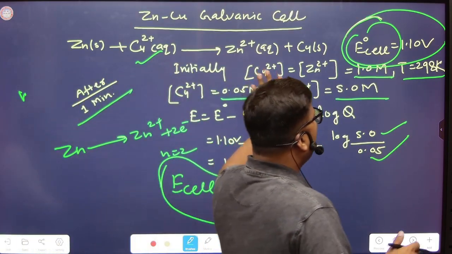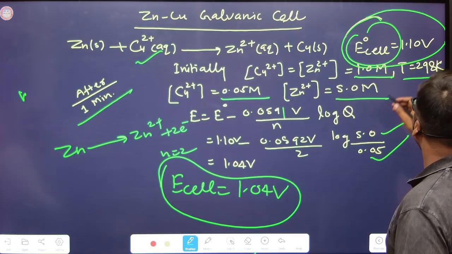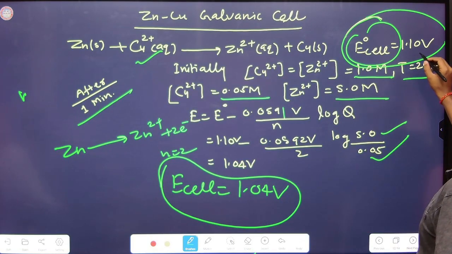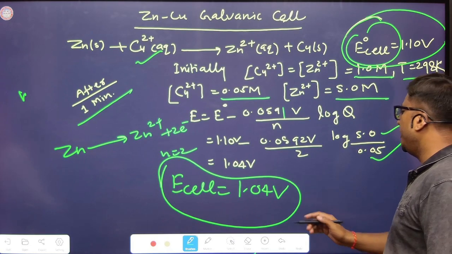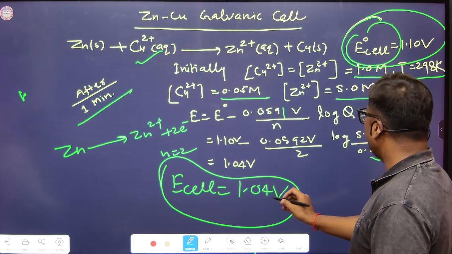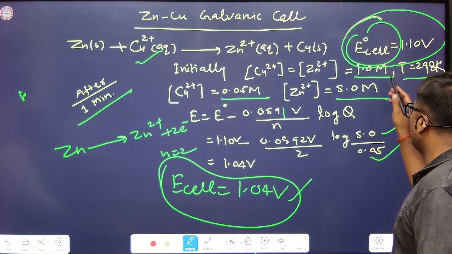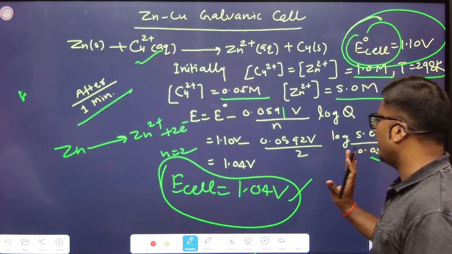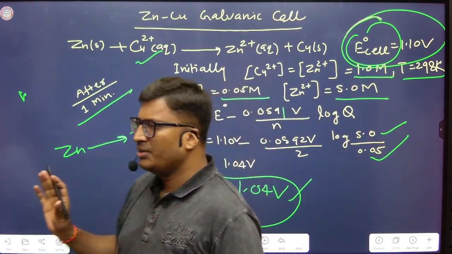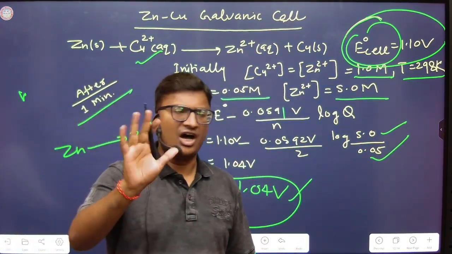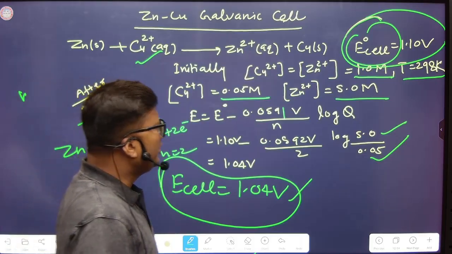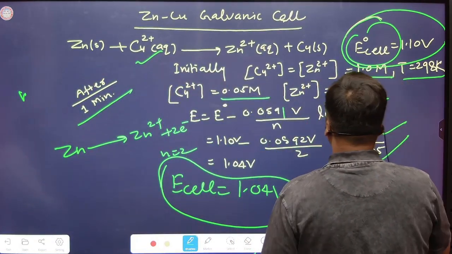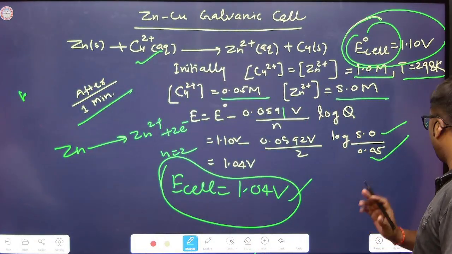From this example you can clearly see it was 1.10 volt initially, but after the passage of time it is 1.04 volt. So the potential decreases with time because the electrochemical cell is discharged. This is the way by which we can determine the cell potential after the passage of time.